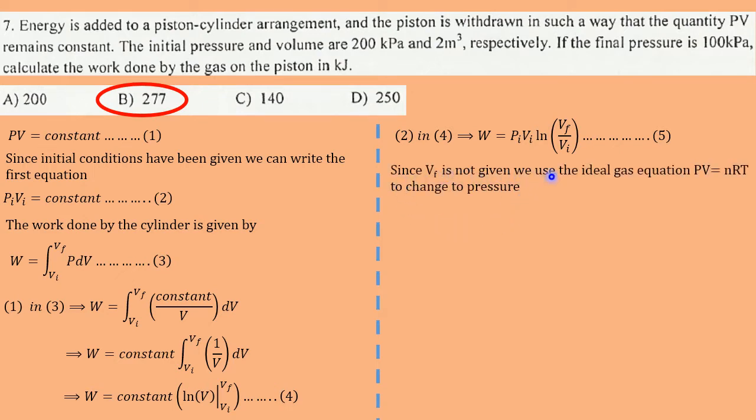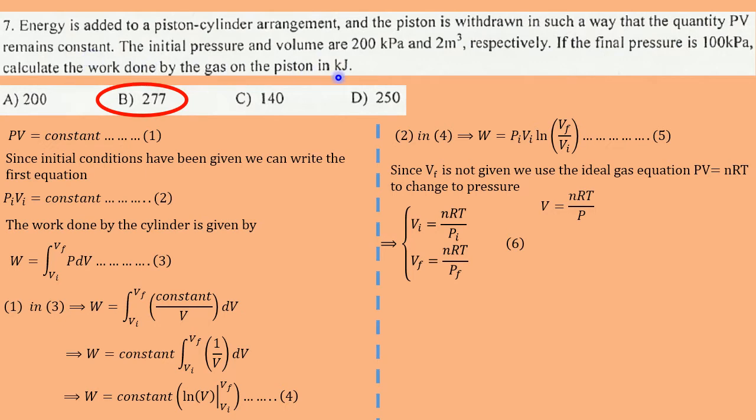Since Vf is not given, we use the ideal gas equation PV equals nRT to change to pressure. You can actually see in the equation the final pressure was given, but we don't have the final volume, so it would be preferable to work in pressure. So we're going to make use of the ideal gas equation. We make V the subject there, and that gives us nRT divided by P. Now we know that we are dealing with an isothermal process because PV remains constant.